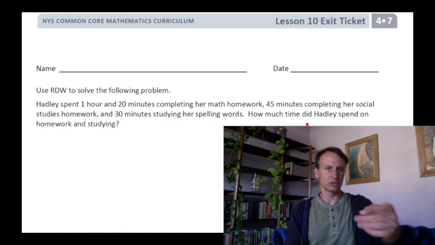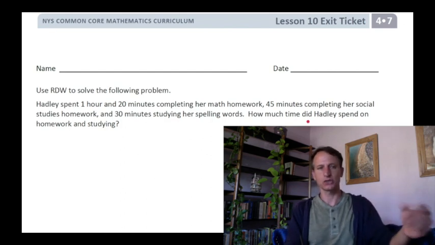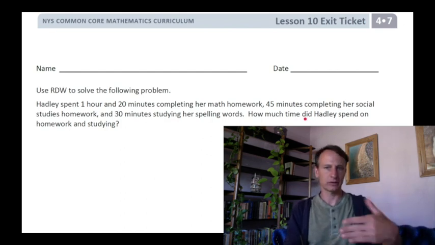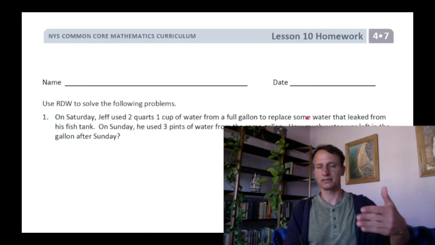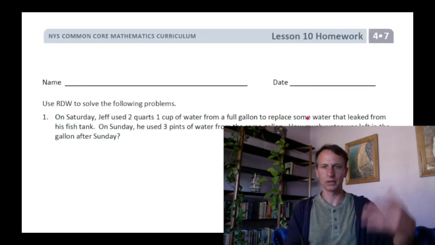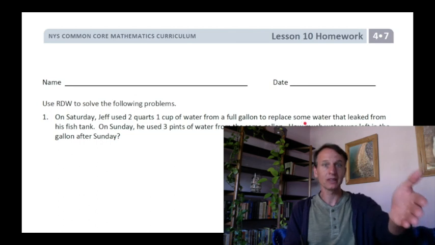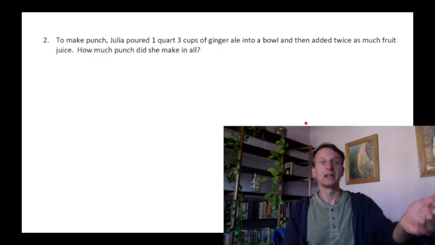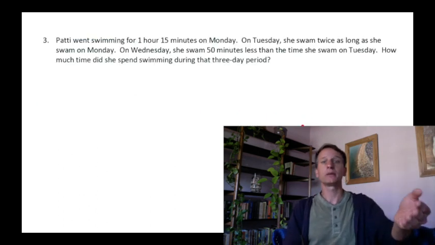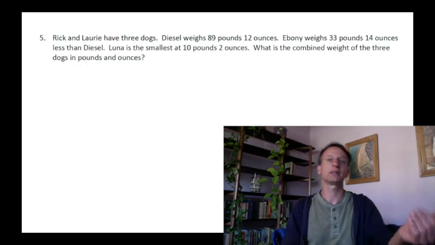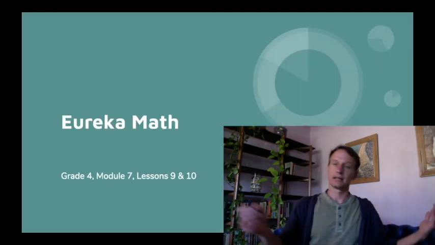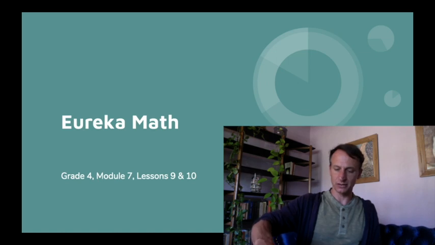And so you just have the exit ticket here, read, draw, write, Hadley with her math. And then the lesson 10 homework is doing the word problems. We have capacity again, we have time, and we have length, and we have weight, okay? And so when you get all that done, you're all done.